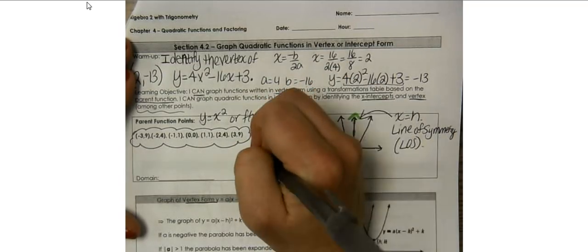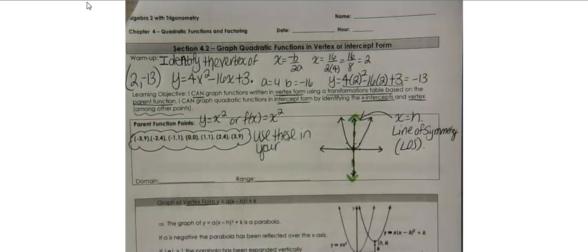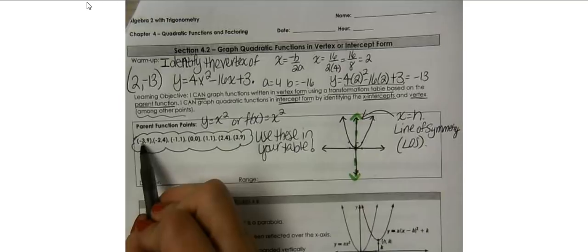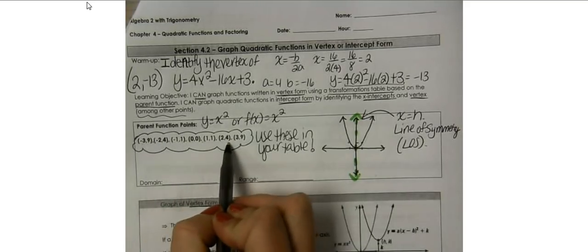The ordered pairs are going to be important for you to know, because you're going to use these in your table. Because we are going to create a parent function, reflection, stretch, translation table in this section whenever we're working with vertex form. So you're going to use these values in your table. All right, so you just need to know that negative 3, 9, negative 2, 4, negative 1, 1, 0, 0, 1, 1, 2, 4, and 3, 9.